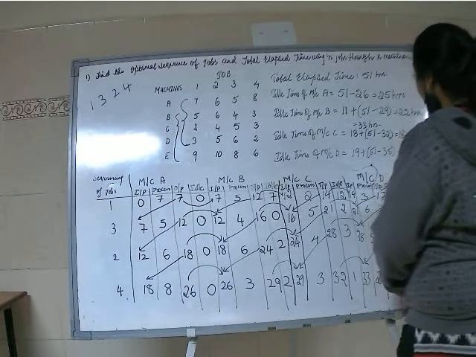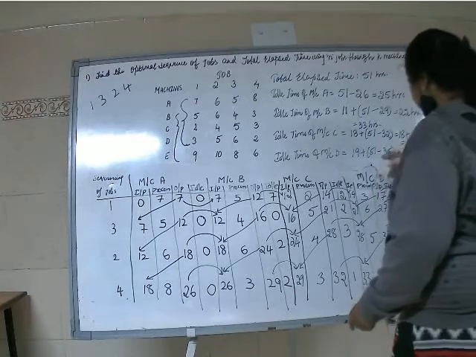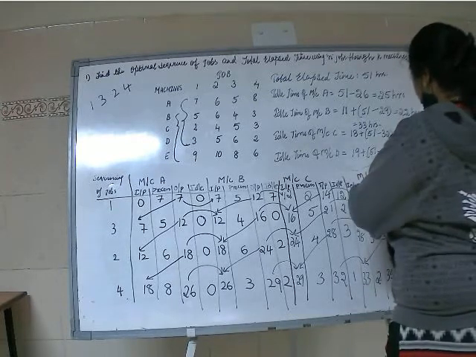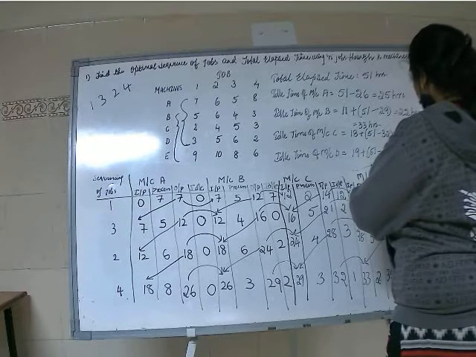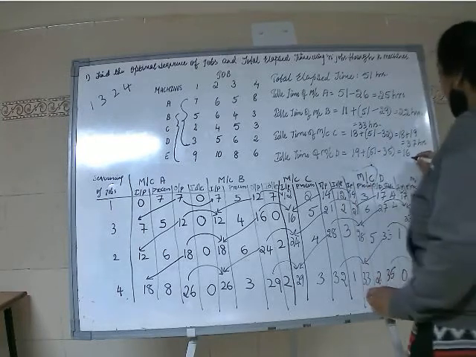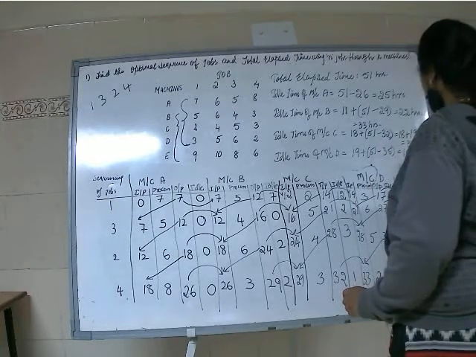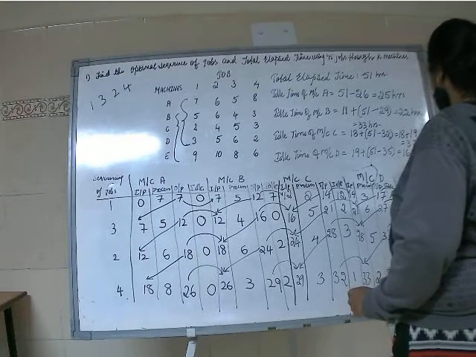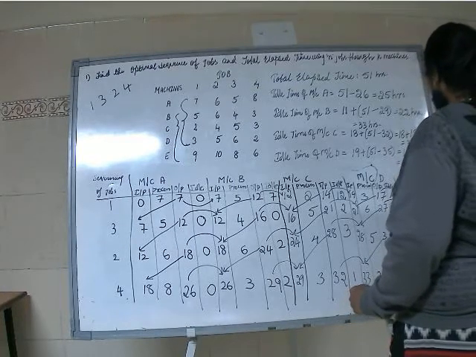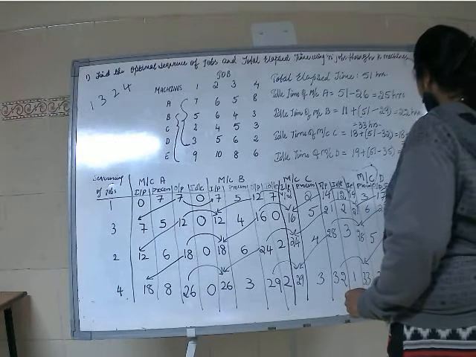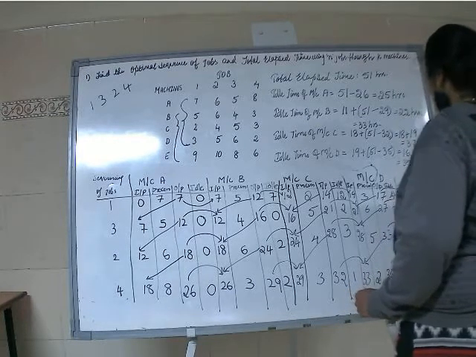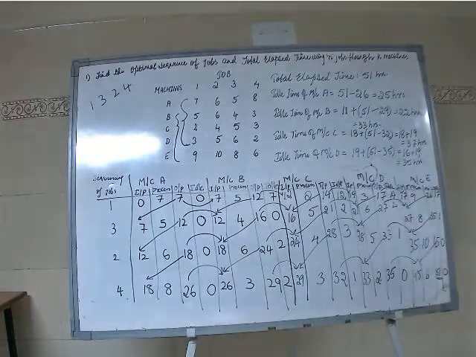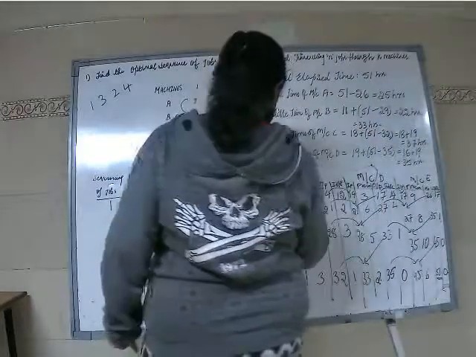So I will be getting the value as 16. Okay, so I will sum up with 19. So the output will be 35 hours. Okay students, then the last is E.